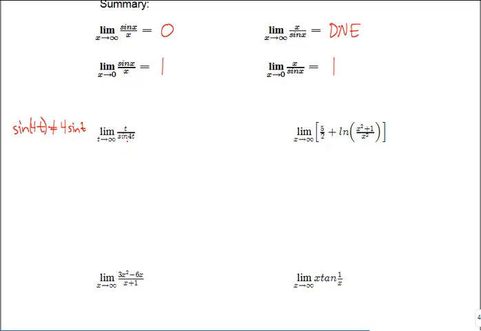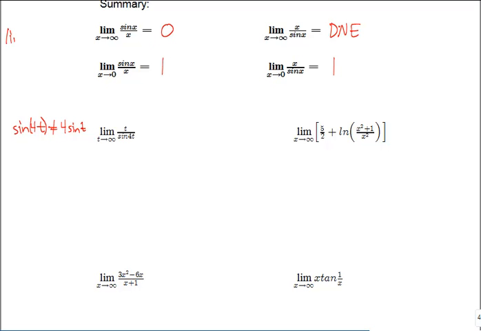So the only way to handle this is to manipulate this a little bit. And if you remember from a previous lecture, I've talked about sine of box over box as box goes to 0. Well, that same idea applies for these infinite limits as well.